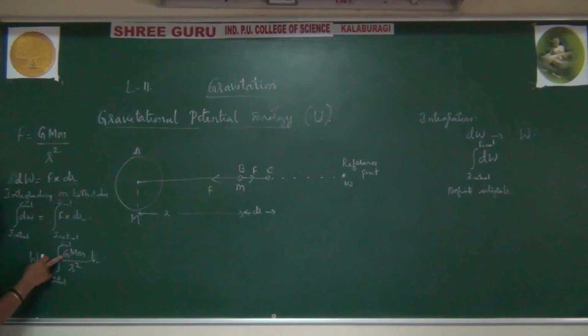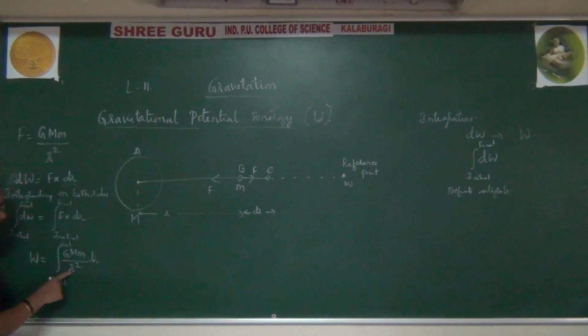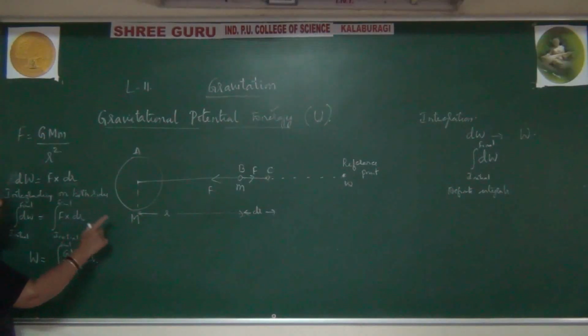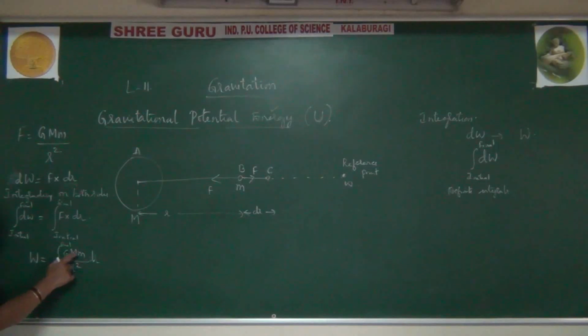Here you know capital G is the universal gravitational constant, capital M is the mass of the earth, small m is the mass of the object you are bringing, and the distance between capital M and small m is r. And dr is the small distance we are pushing it, so we are doing some work. In this, G, capital M and small m are all constants. They will never change.